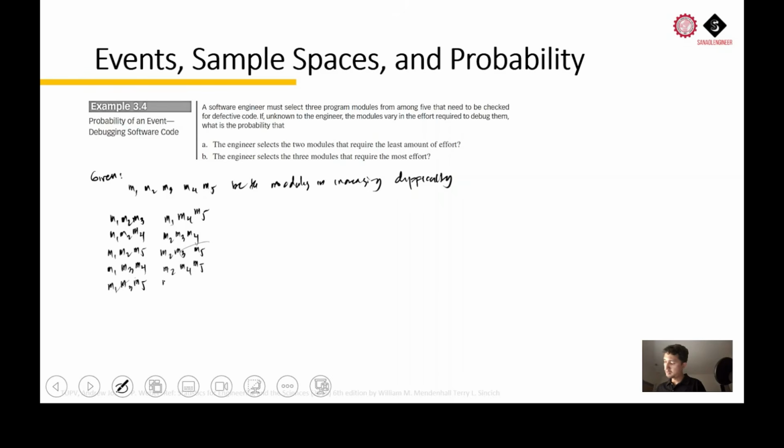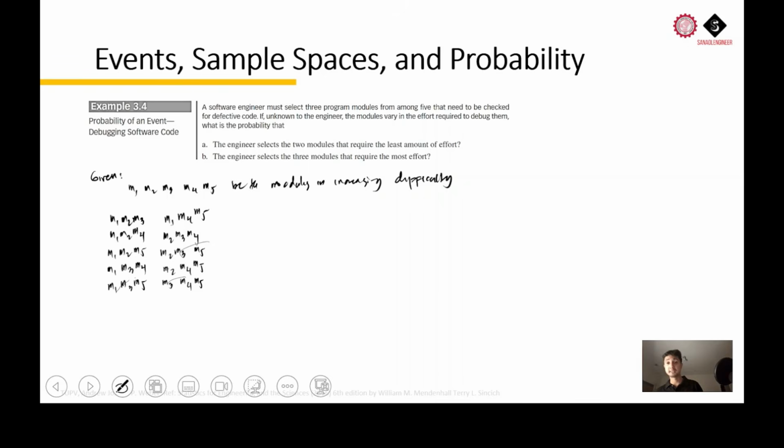The last is M3, M4, and M5. Okay. So these are all the simple events. It's a combination of modules, not a specific arrangement, okay? One event is module 1, module 2, and module 3. Another event is module 1, module 2, and module 4. So overall, there are 10 simple events of selecting 3 modules out of 5.